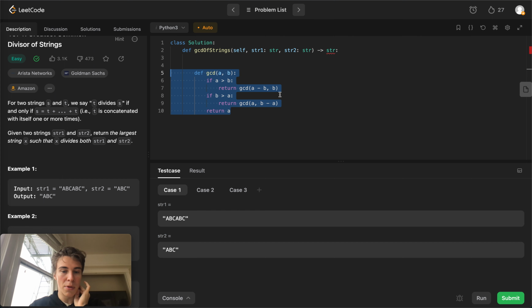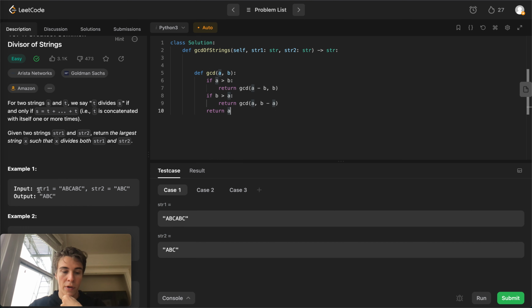Maybe this could be a good way to figure out how long the output string has to be, and then if that's part of the solution itself, we can find another way to check if str1 and str2 are actually just a multiple of our greatest common divisor.